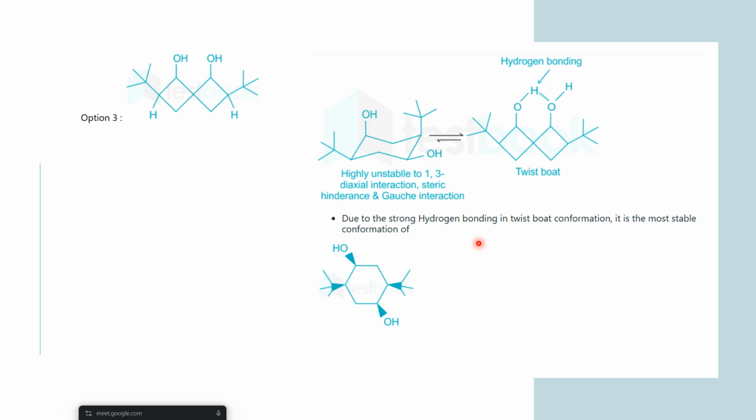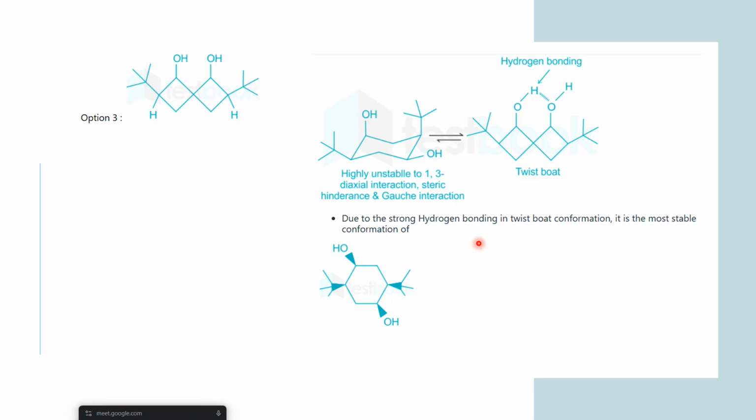In the third option, which is the twist boat one, in general, as we have seen, whenever we have substituted cyclohexane molecules, the more stable conformations are the ones where the substituents are placed in equatorial positions of a chair conformation. Okay, but there are exceptions, like the one given in this question, where we have a possibility of hydrogen bonding between the substituents.